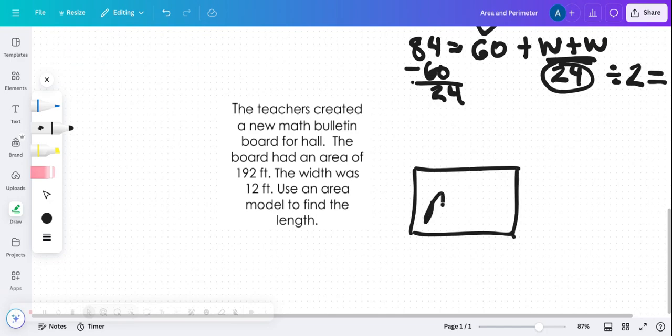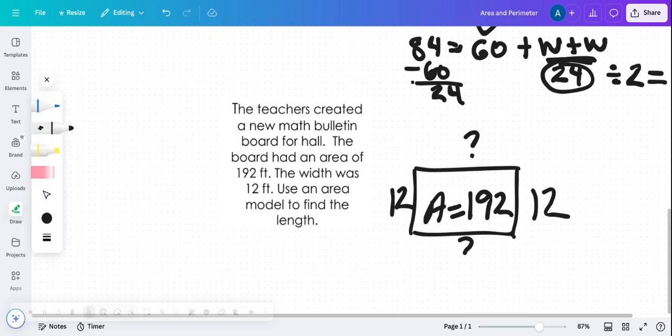We know that A equals 192. Remember, that's going to be our total. We know that it has a width of 12, and we're looking for the length, so we're going to be putting question marks there.